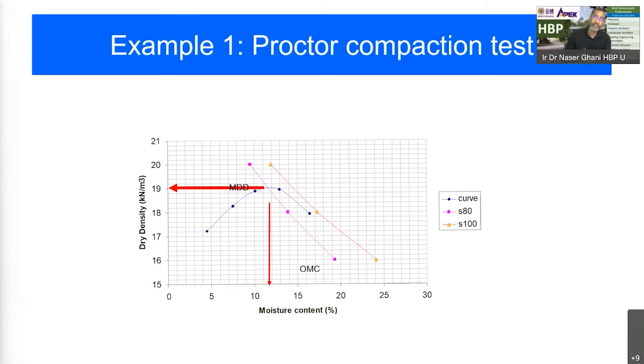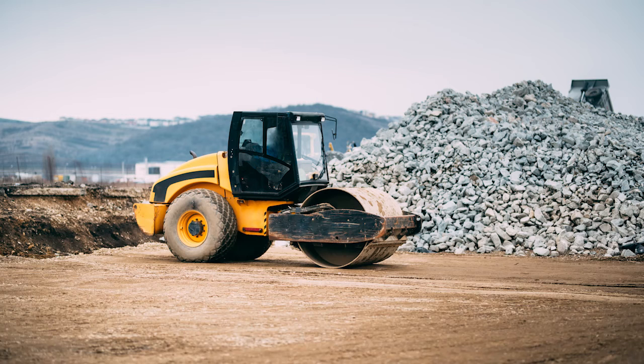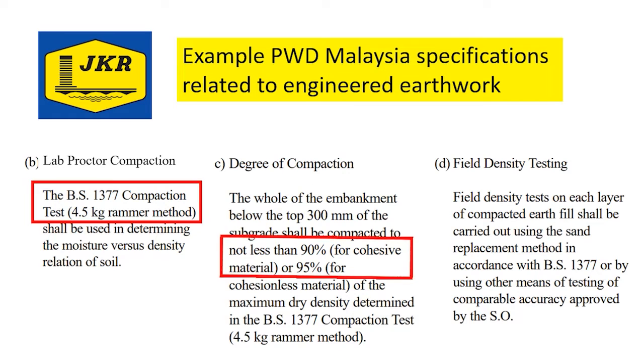And in the construction specification, we will be provided with the requirement on how much achievement needs to be made on site in order to comply with the specification. So like I mentioned before, it's 90% or even 100%, depending on what kind of compaction work you do the soil compaction for.